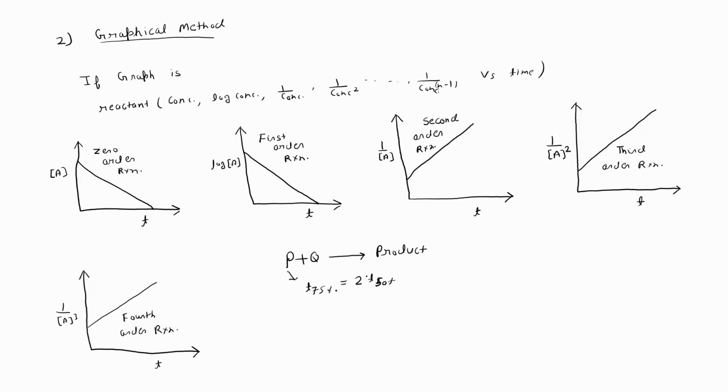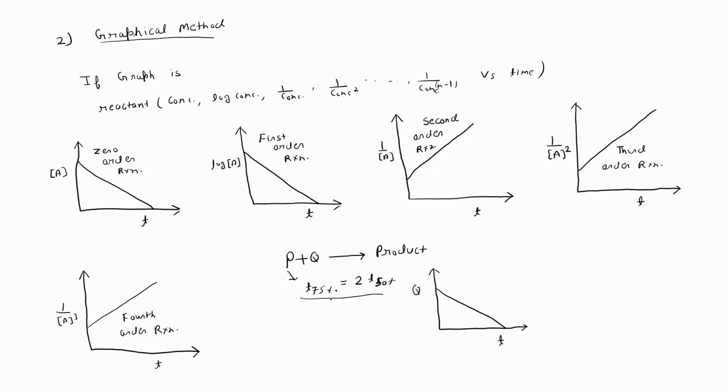This is given for P, and for Q the graph is this. For Q versus time, the graph is this. So you just have to tell what is the order of reaction. Here we know if T75 is 2 times T half, then it is a zero order reaction.